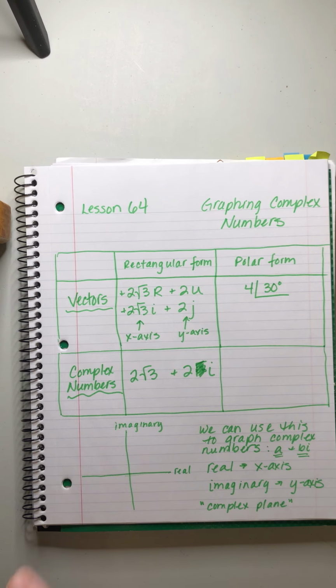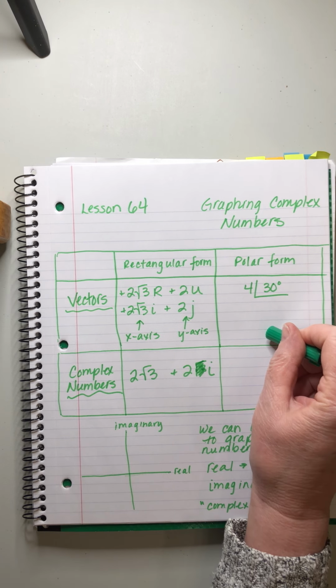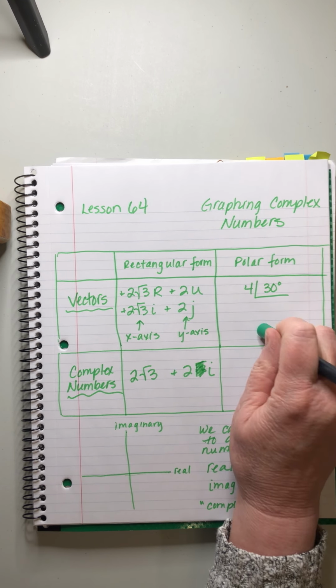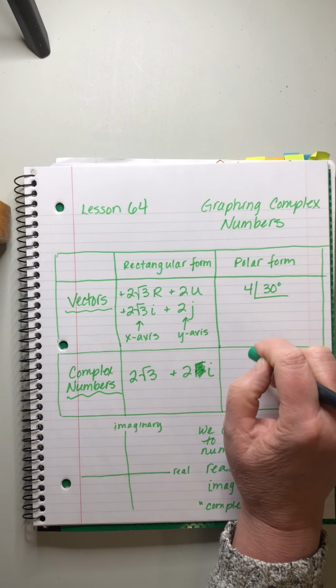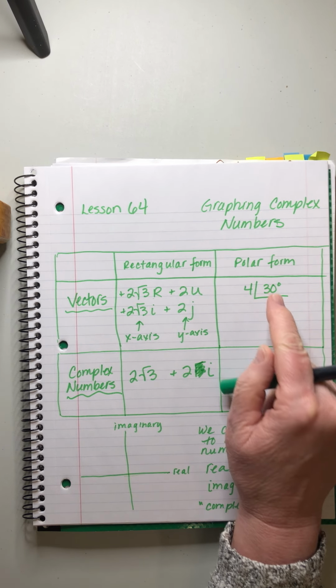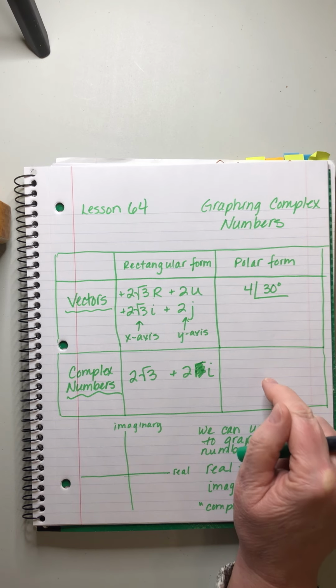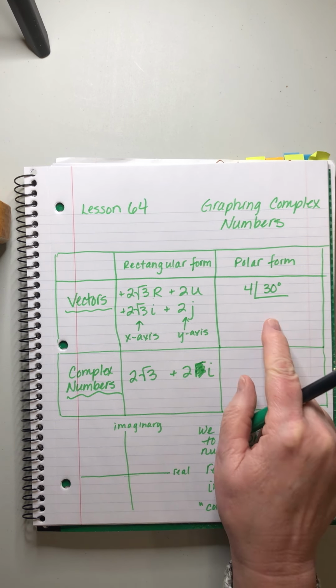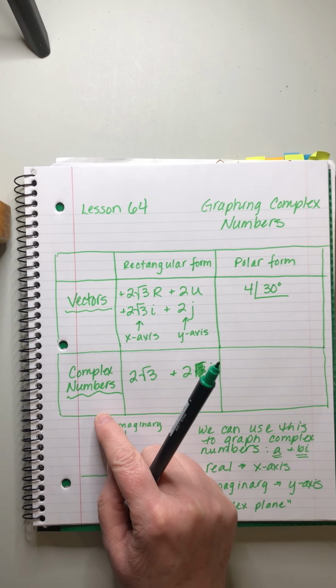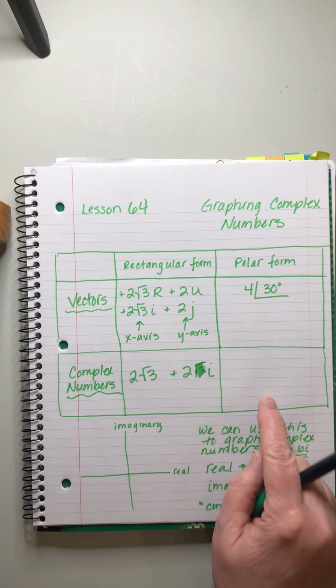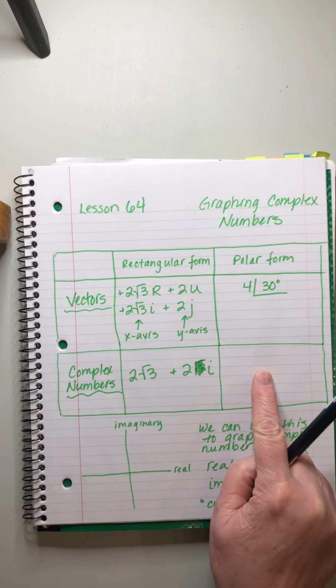Things get even crazier when we go over here because there's really no way to distinguish between this and what we would like to use for graphing the polar form of a complex number. So mathematicians have had to get a little bit creative to come up with another way to write this.